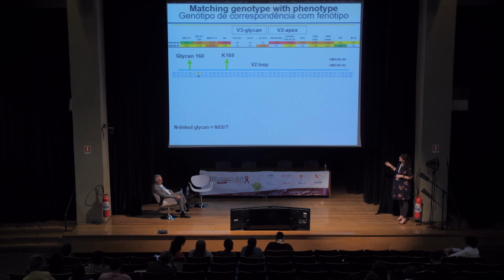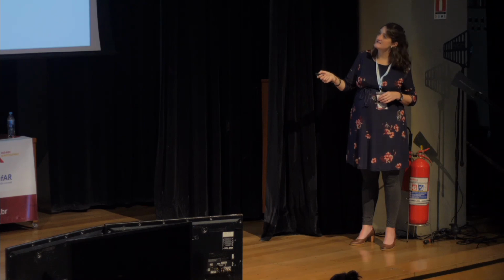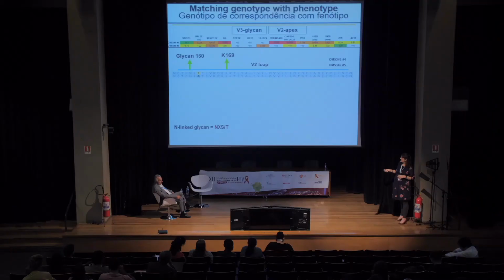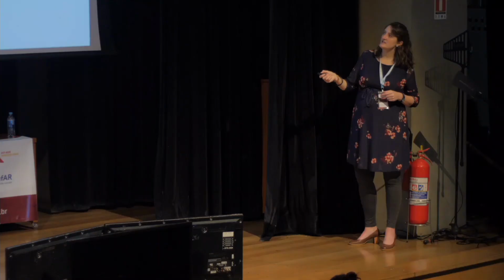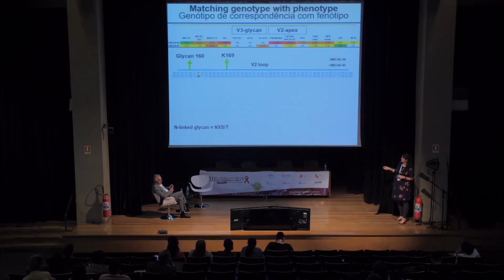And what is known about this epitope in this antibody is that this glycan is very important for neutralization, glycan 160. The sequence for an N-linked glycan is N, something, serine or threonine. And what you can see here, so this is the glycosylation sequence right here. And what you can see is there's a difference in the threonine to alanine here. So that's the difference between having a glycan and not having a glycan. It's a single amino acid change that renders this virus sensitive to PGDM 1400 and this virus resistant.